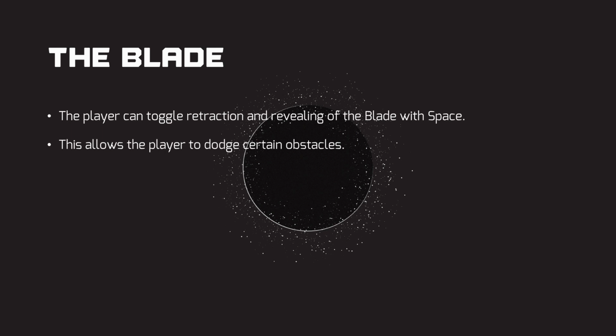And finally, the moment you've been waiting for, the blade itself. The player can toggle retraction and revealing of the blade with space. This is going to sound a lot more complicated than it is. There's a speeder with a sword that's kind of like a lightsaber, but it's not a lightsaber. It's a metal blade that is underneath an actual handle.